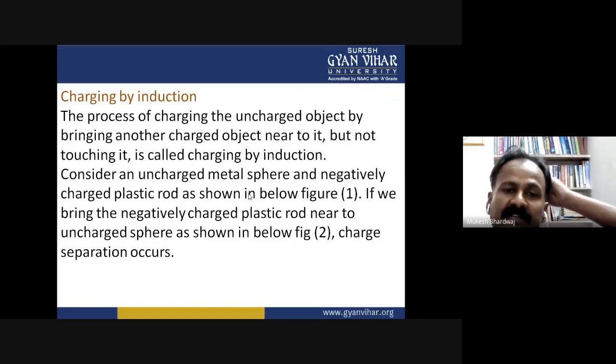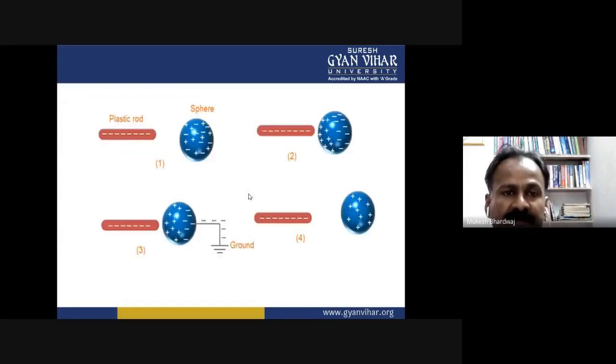Consider an uncharged metal sphere and a negatively charged plastic rod as shown in the figure in the next slide. If you bring the negatively charged plastic rod near the uncharged sphere as shown in the figure below, charge separation occurs. This is the phenomenon of charging through induction.